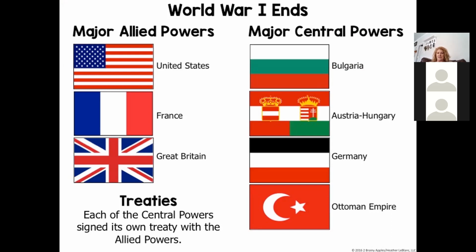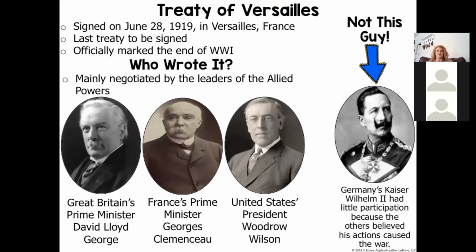So we'd have only two sides to the war, but each country has to have their own separate treaty with the Allied powers because each country is a little bit different in how they participated in the war. The Treaty of Versailles is not signed until June 28th of 1919.